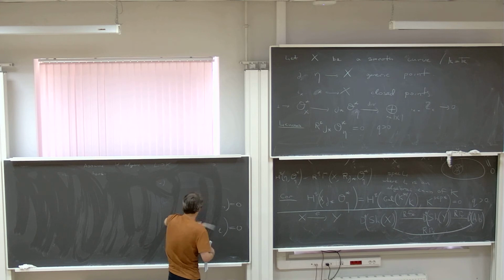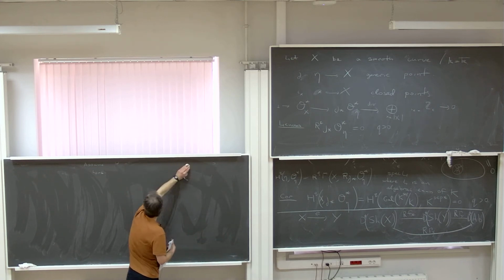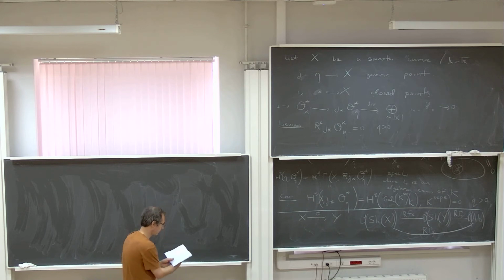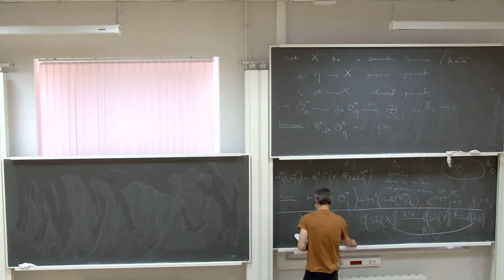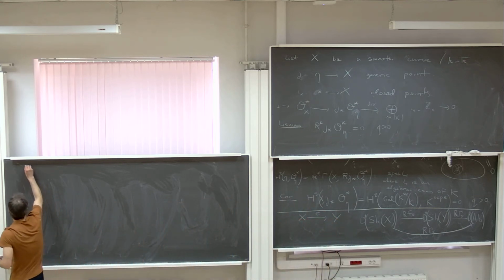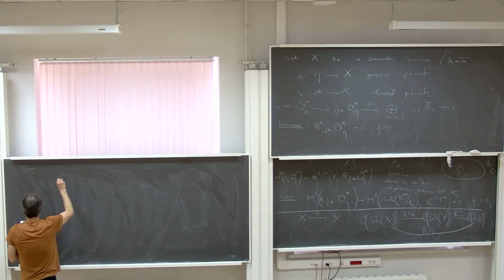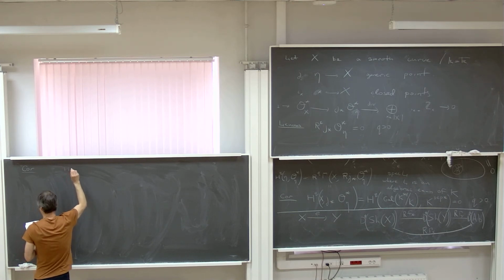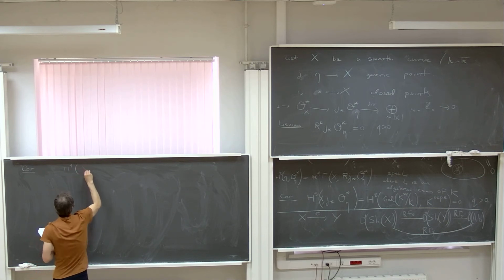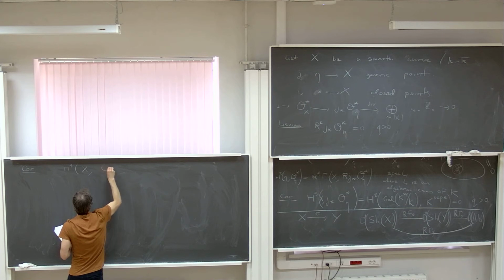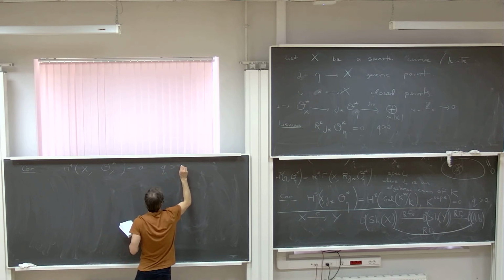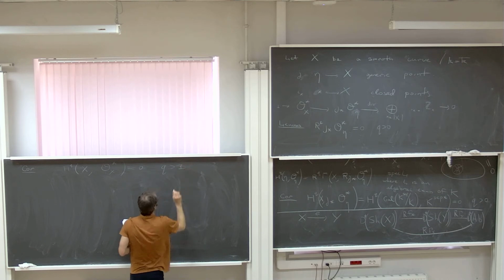So what we get from this is the corollary: H^q of X with coefficients in O_X star vanish in all degrees greater than 1. Okay?